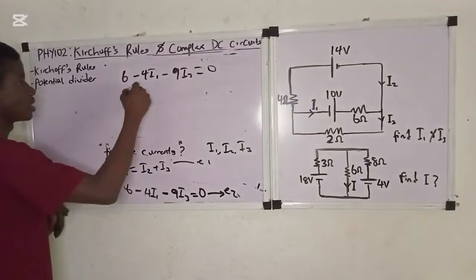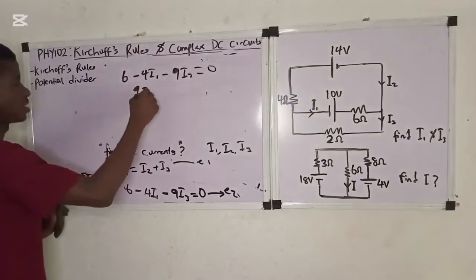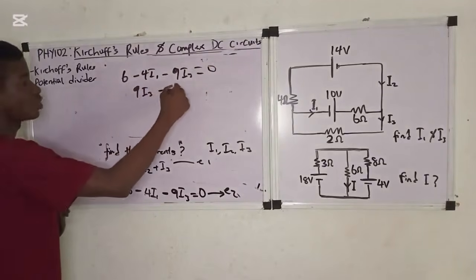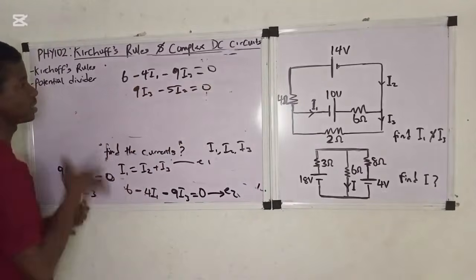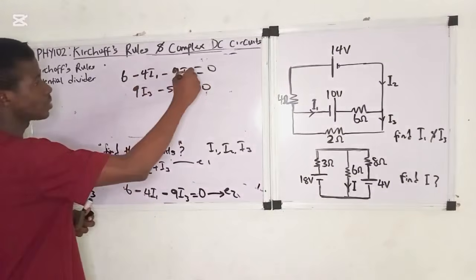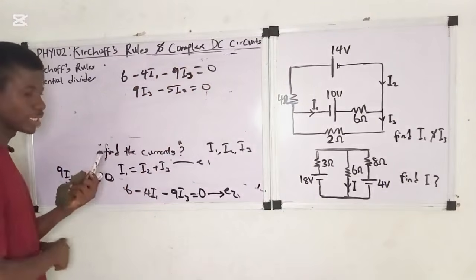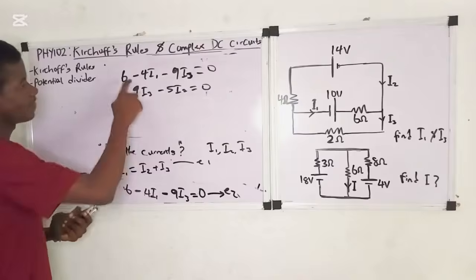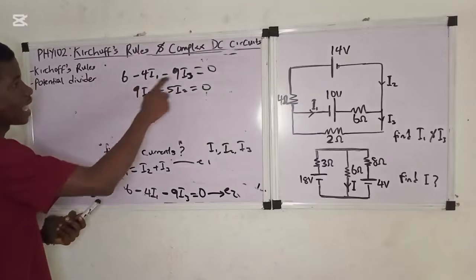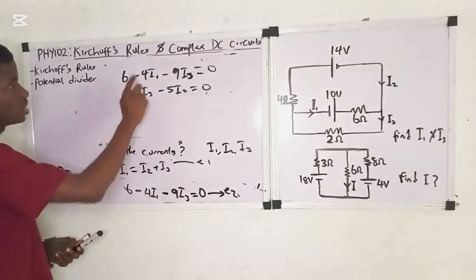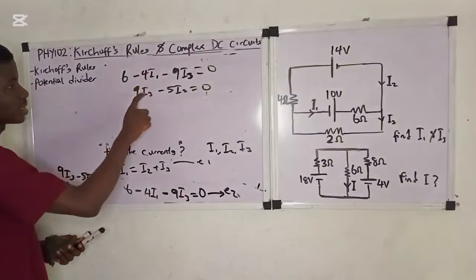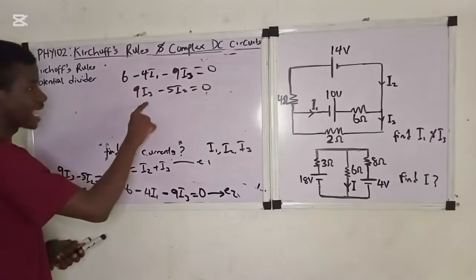Then the other one is 9I3 minus 5I2 equals 0, right? Now, if you look at these 2 equations, they don't contain the same unknowns. The first one contains I1 and I3, and this one contains I3 and I2.